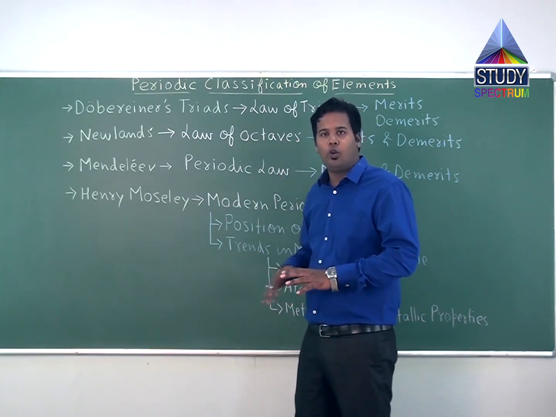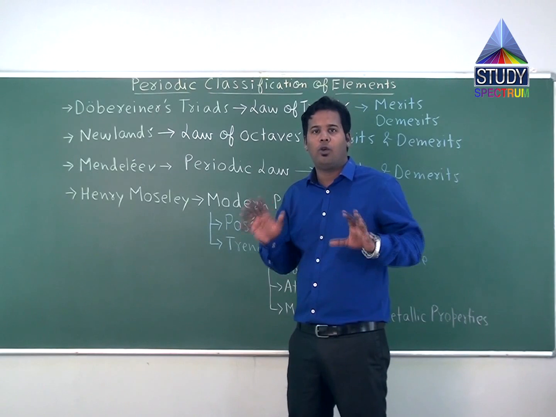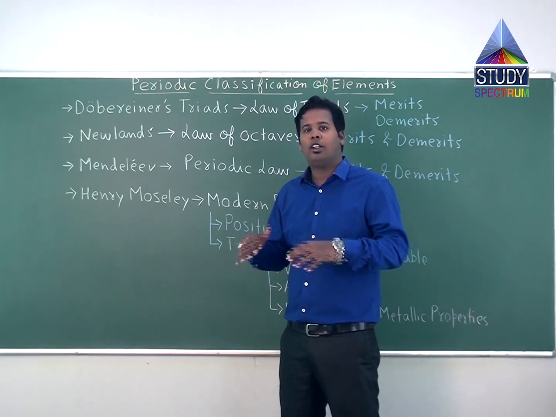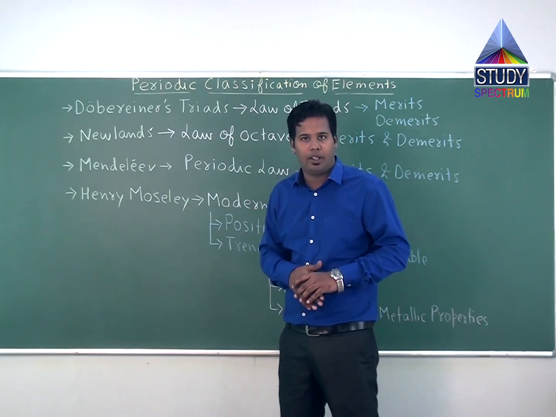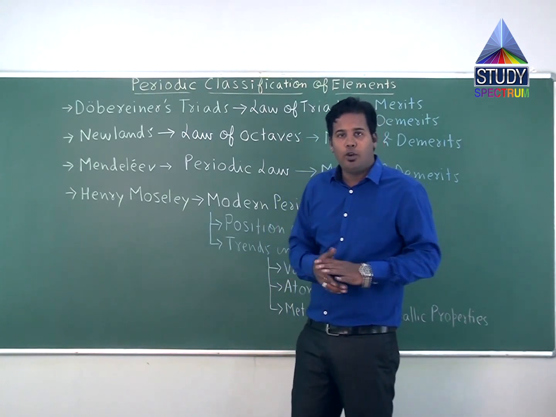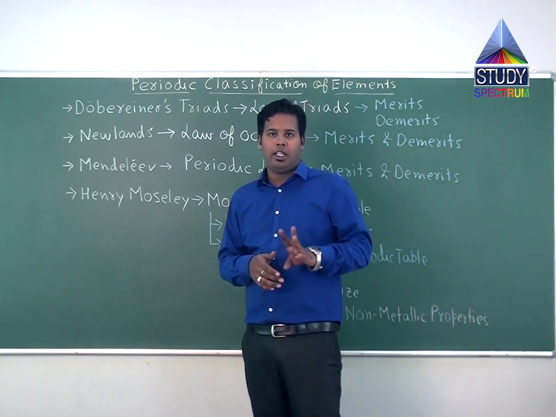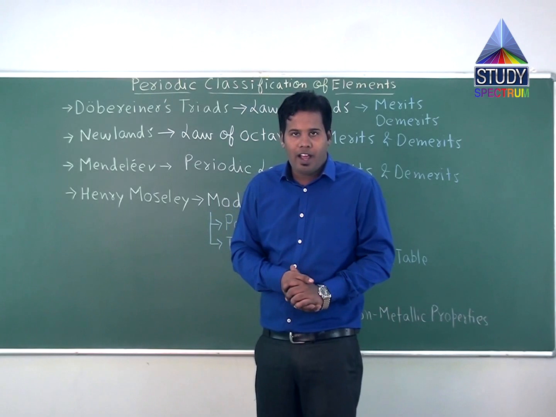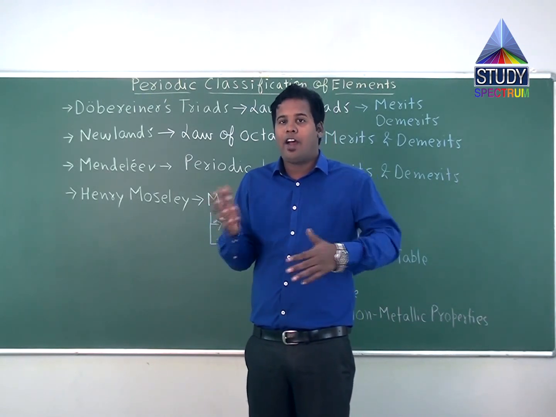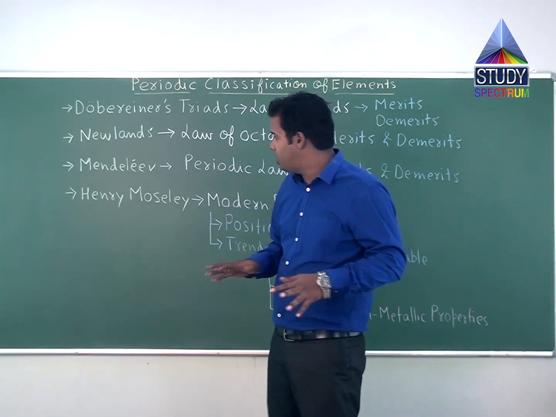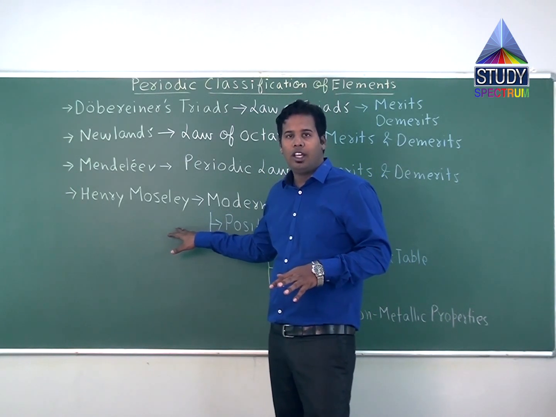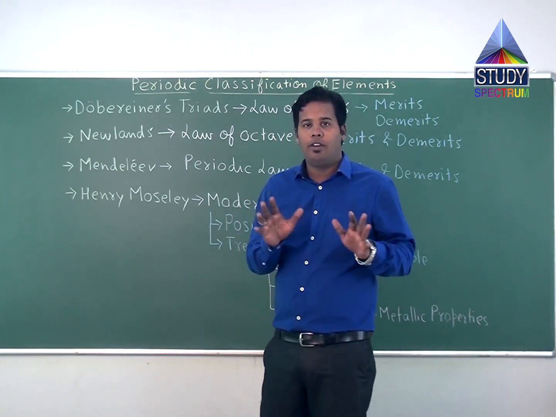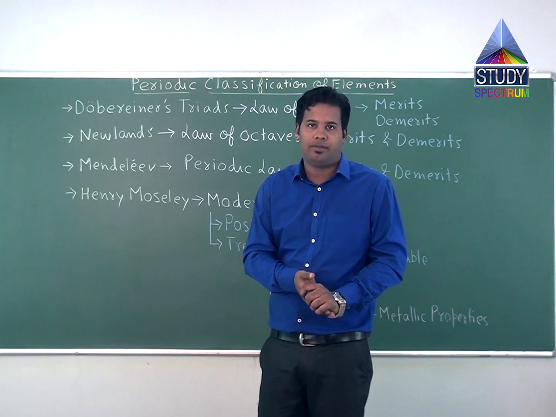We are just trying to know what different topics we are going to cover in this chapter. There were attempts from a few scientists, mainly 3 scientists, who tried to classify elements but they failed. And finally the 4th main scientist, Henry Moseley, gave us the modern periodic table which we see nowadays in chemistry.